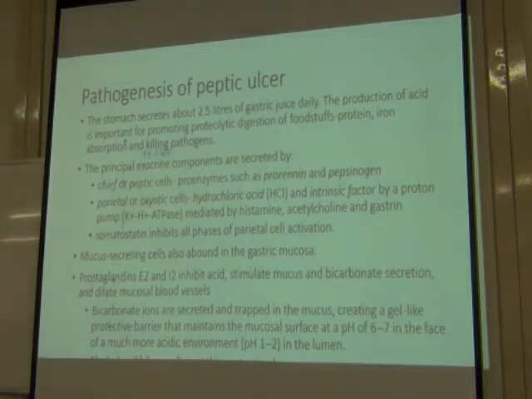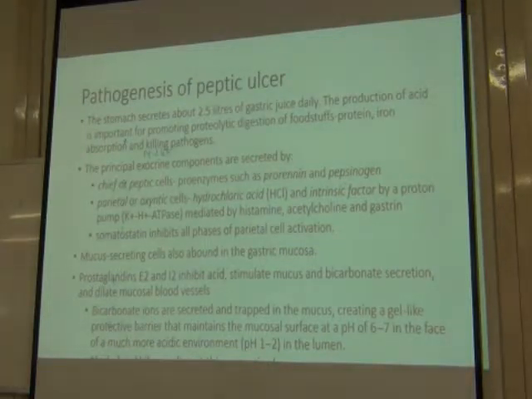Now we're very familiar with mediators, I'm sure, mediators that mediate this secretory activity. So let's go over it again. Your parietal cells or oxyntic cells secrete hydrochloric acid by a proton pump action.